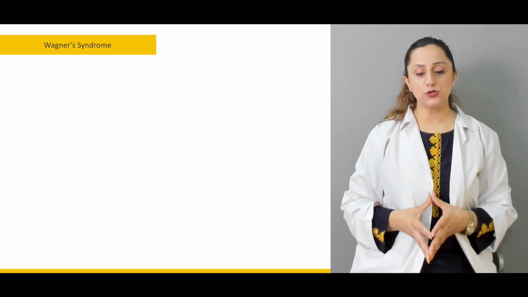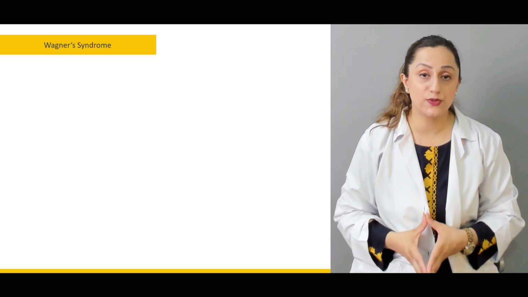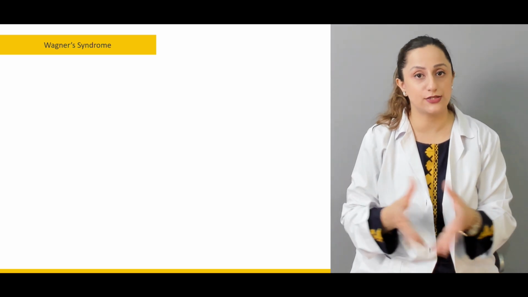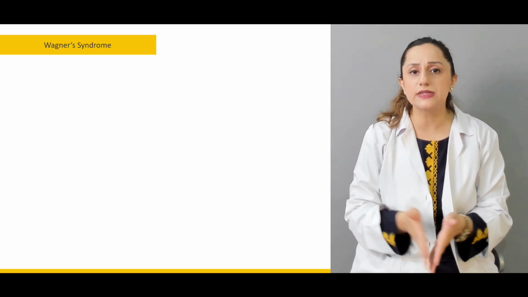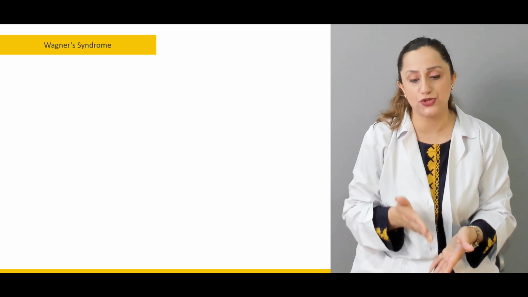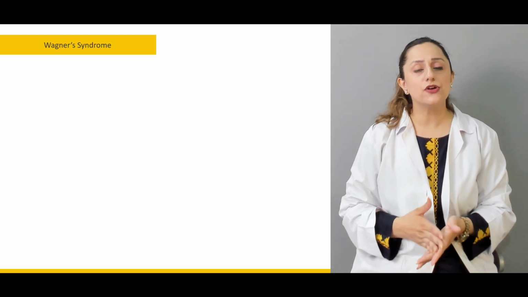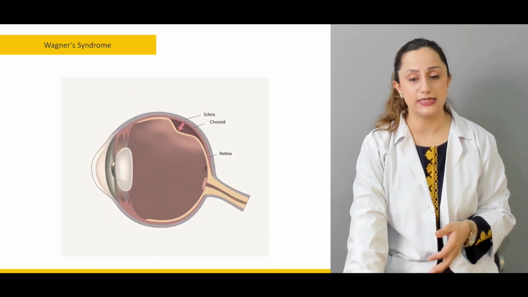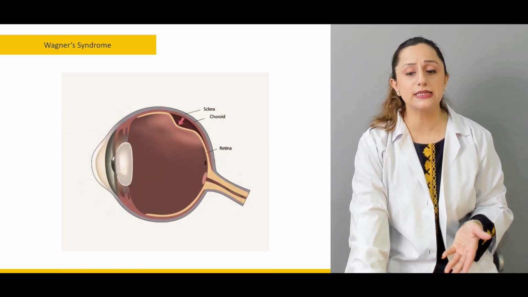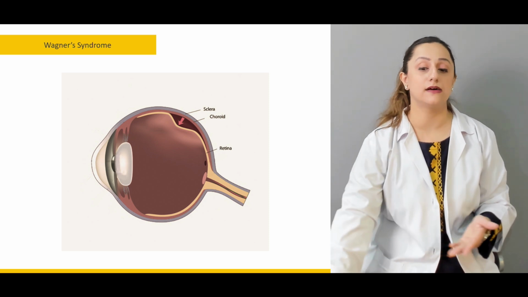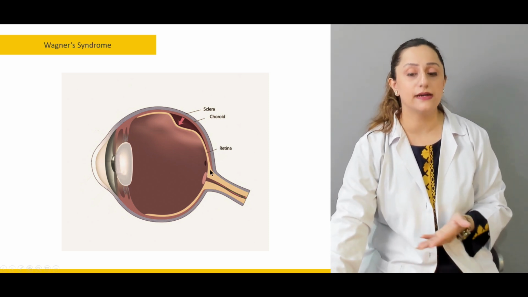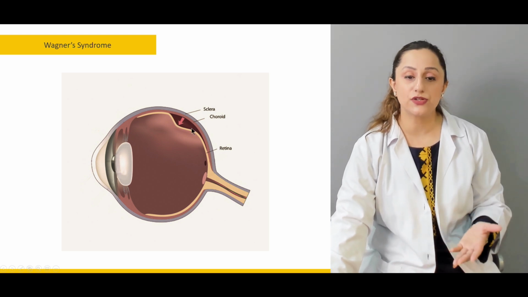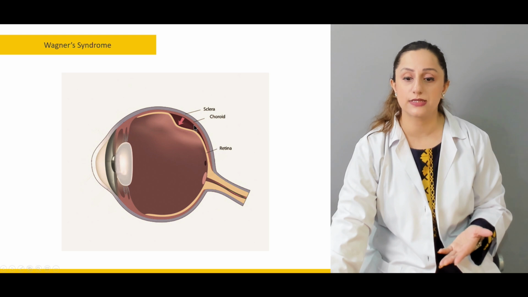Now, talking about Wagner's syndrome, as we've already discussed, it's an autosomal dominant syndrome that is obviously related to the retinal degenerative mechanisms. There are these particular features for Wagner's syndrome that you'd be studying. As you can see, the retina is one of the protective layers that is degenerated in these cases of Wagner's syndrome.